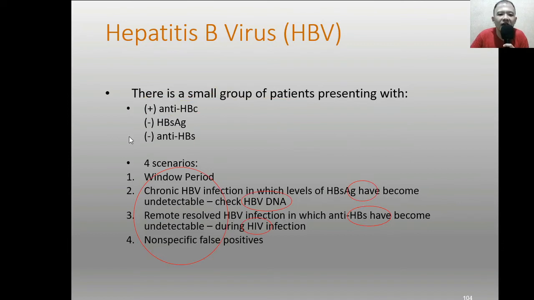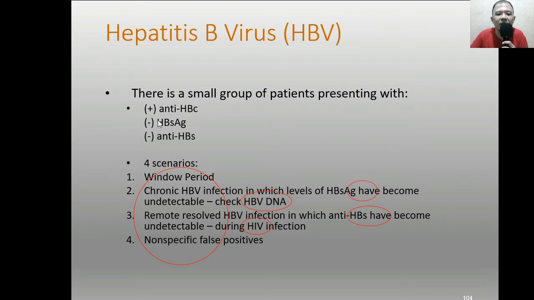And there's a small group of patients presenting with only a positive antibody to the core. The first thing that will come into our mind is, as we mentioned before, a window period. However, there are also instances wherein you have a chronic Hep B infection, wherein the levels of HBS have become undetectable. So we have to check for the HBV.